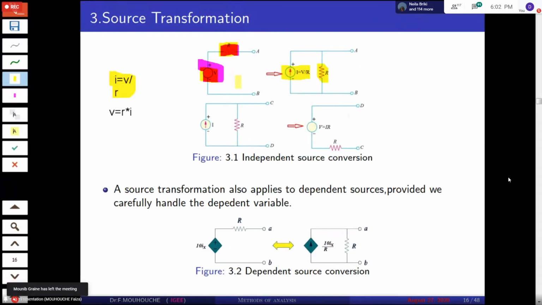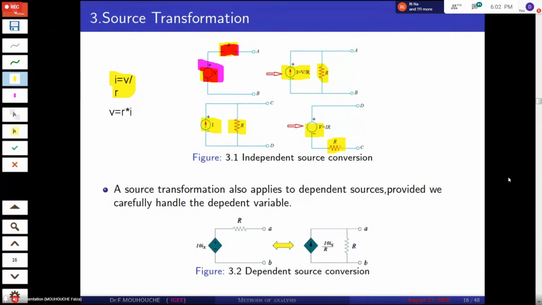And the inverse is correct. If you have a current source in parallel with resistance, we can convert it to a voltage in series with resistance, so that the voltage is equal to I multiplied by the resistance. This is for the independent source conversion.